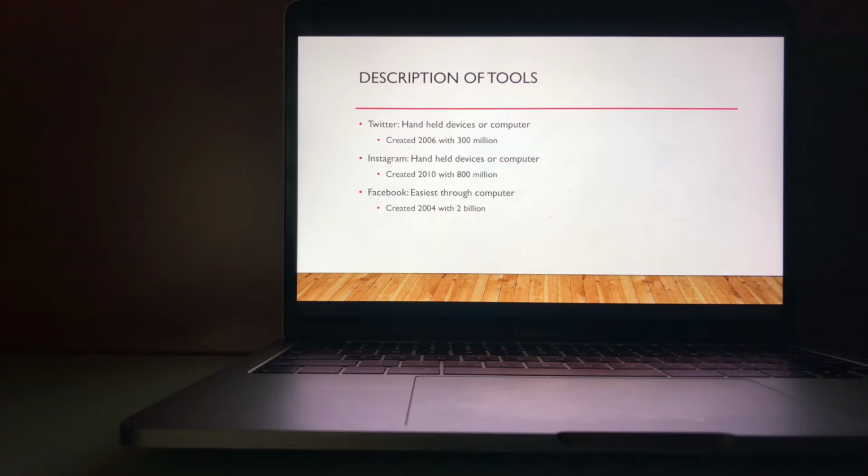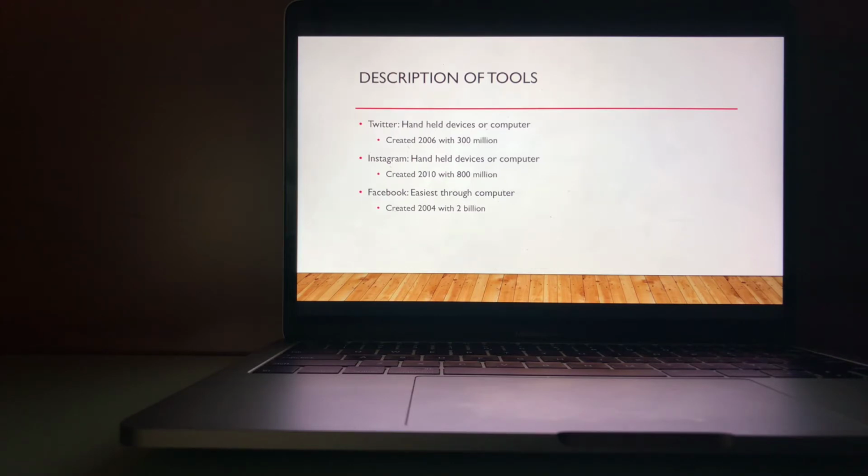So Twitter was created in 2006 with about 300 million users. And Twitter can easily be used on handheld devices such as iPhones or iPads, and also a computer. However, I believe that Twitter can be found easiest on a handheld device.